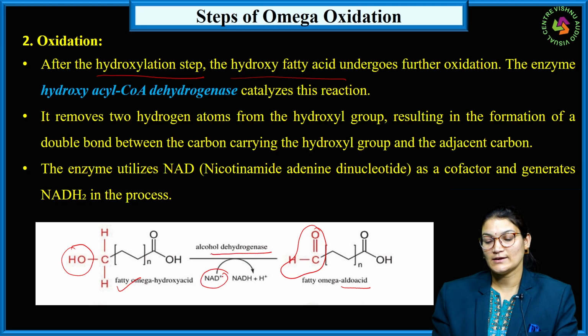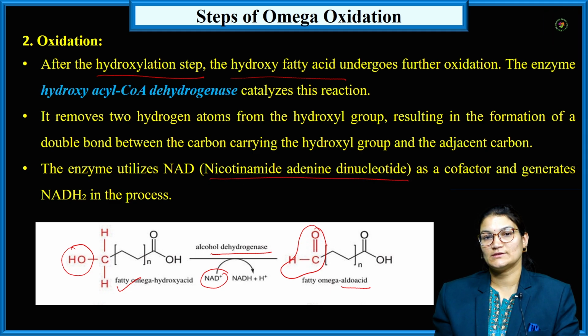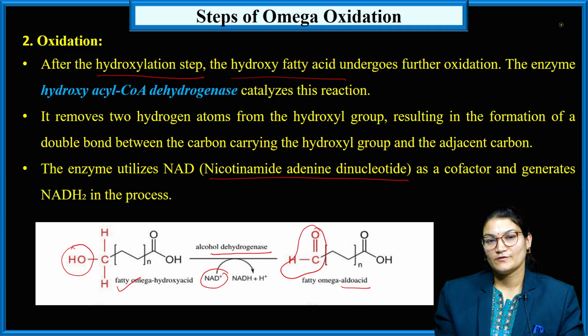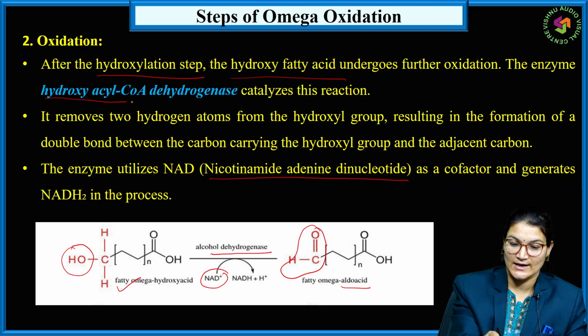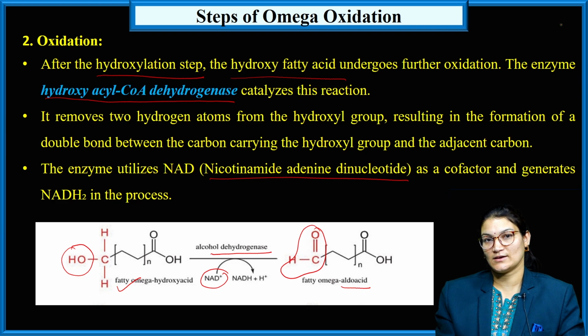NAD is nothing but nicotinamide adenine dinucleotide, and this is an energy source which helps in the process of this conversion. For this step, we require the enzyme hydroxy acyl coenzyme A dehydrogenase. So this enzyme helps in the catalysis of this reaction.